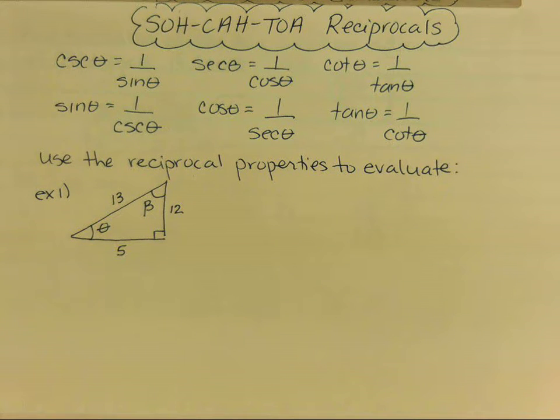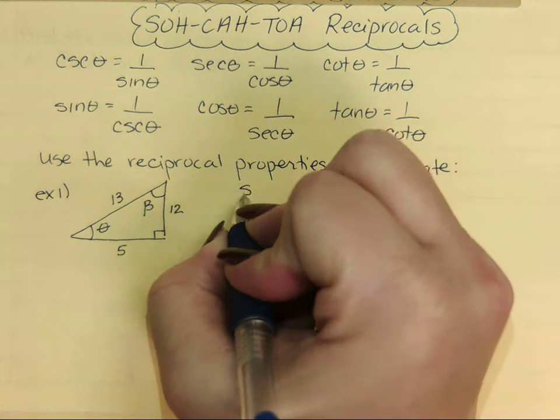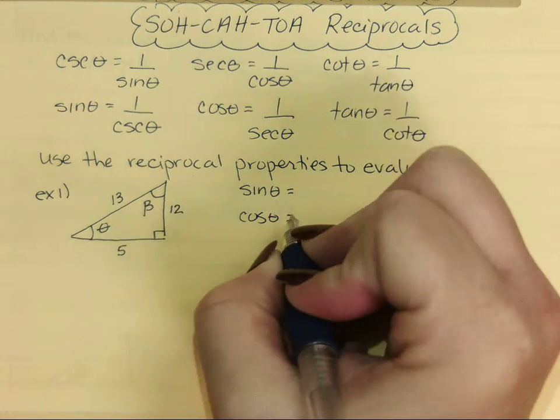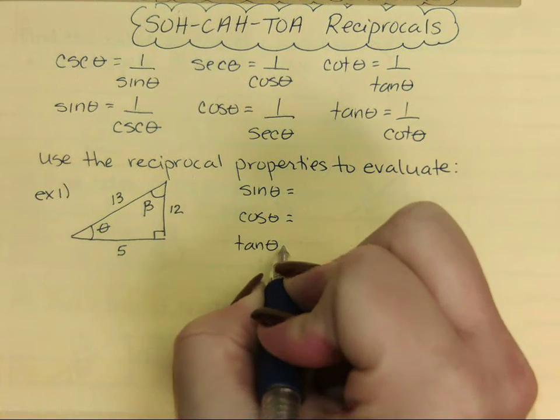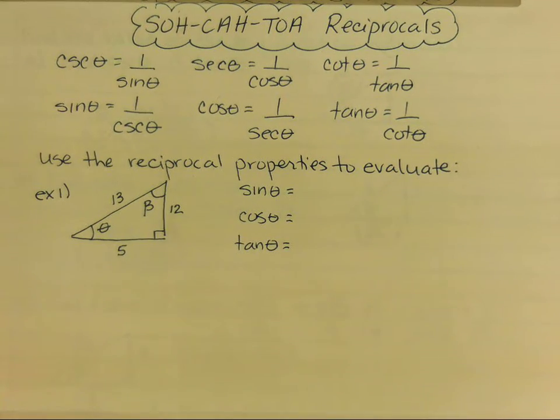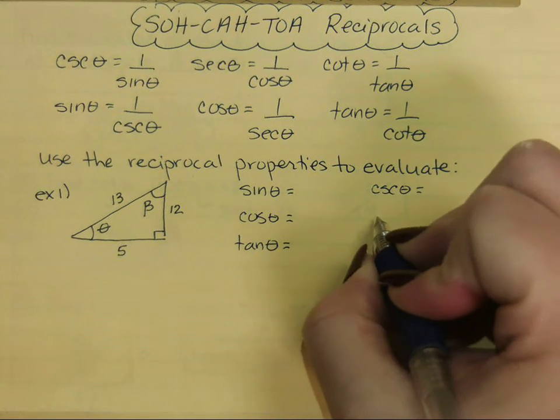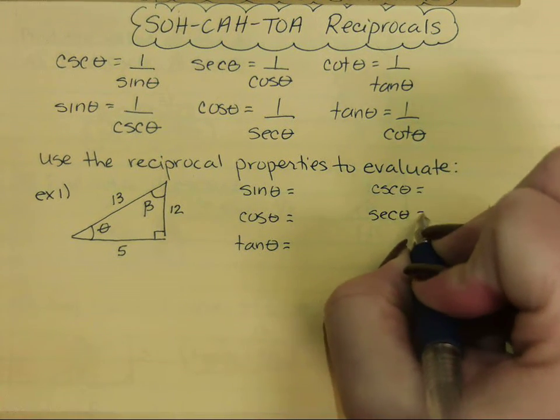So if you're missing a side, you've got to use the Pythagorean identities first before you move on. And so I want to find all 6 trig functions. So I want to find the sine of theta, cosine, and tangent. And then since I want to find their reciprocals, I'm going to write their reciprocals to the right of the one that they kind of connect with.